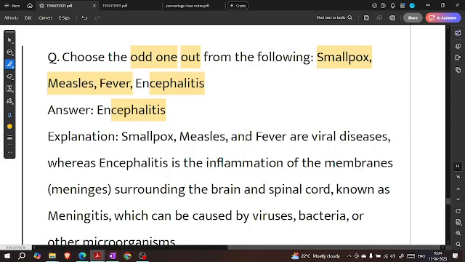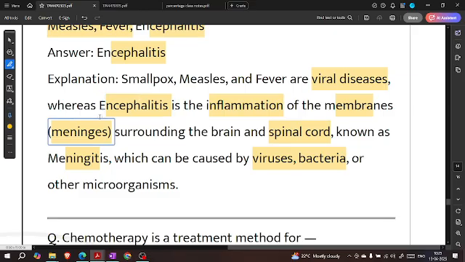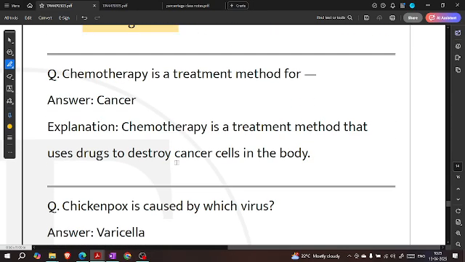Smallpox, measles, and fever are viral diseases, whereas encephalitis is the inflammation of the membrane meninges surrounding the brain and spinal cord, known as meningitis, which can be caused by viruses, bacteria, and other microorganisms.